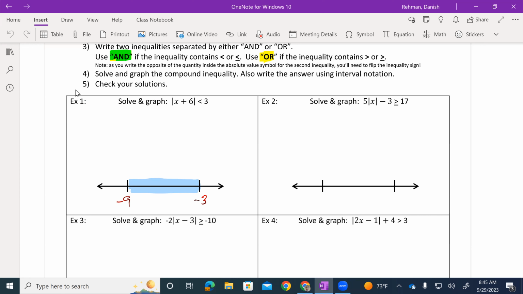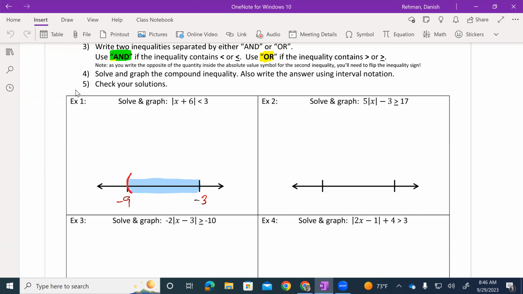But one thing remaining, I need to mention my answer also. How will I do that? Key point, thumb rule. Look at this. Do we have equality here? We don't have equality, it's just an unequal sign. So what will I do? Should I use the parentheses or the brackets?